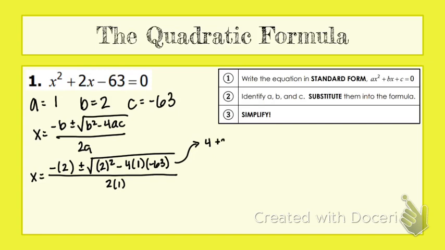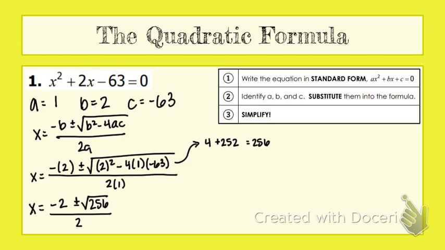So minus negative 252 is plus 252. So that equals 256. So we're going to have x equals negative 2 plus or minus the square root of 256 over 2 times 1, which is 2.